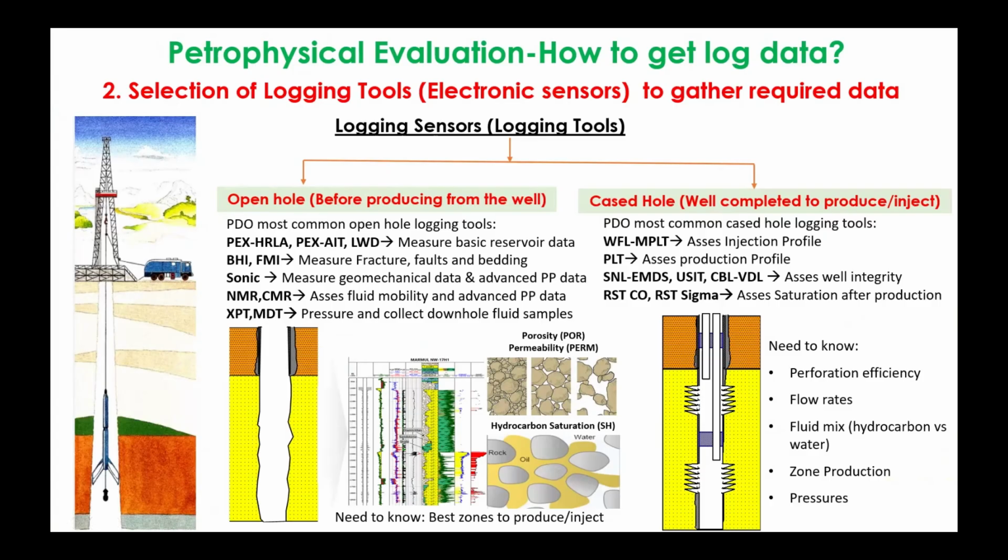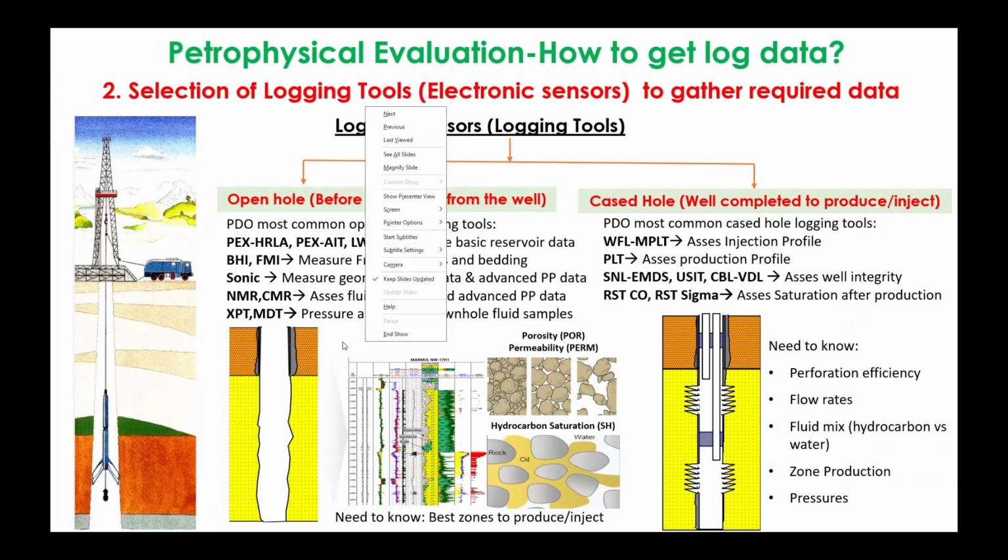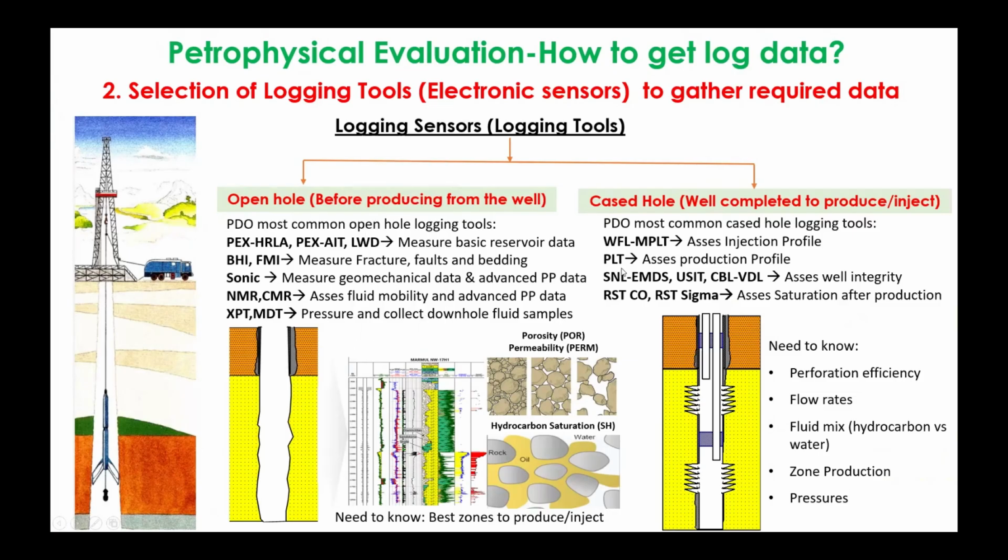We have multiple sensors for different objectives, and here is the role of the petrophysicist's brain, to digest all these types of tools and know where to use them and when. Some sensors can be used only for open hole and some only for cased hole. So depending on the requirements and tool limitations, the petrophysicist can select the best to meet the requirements.